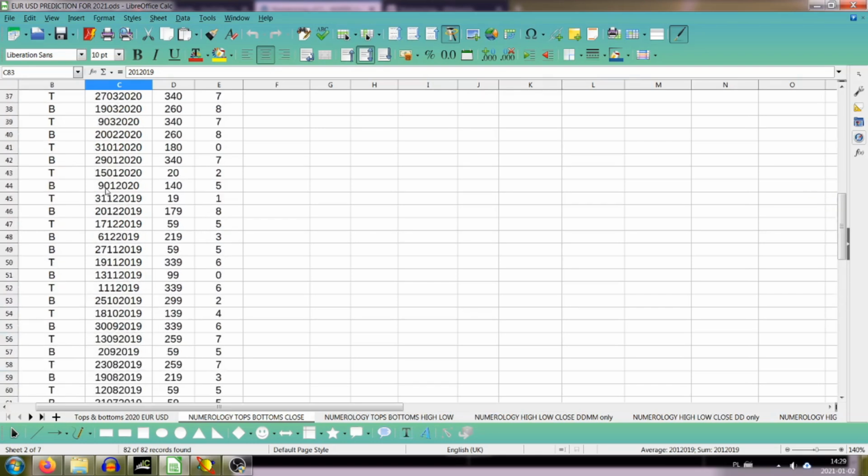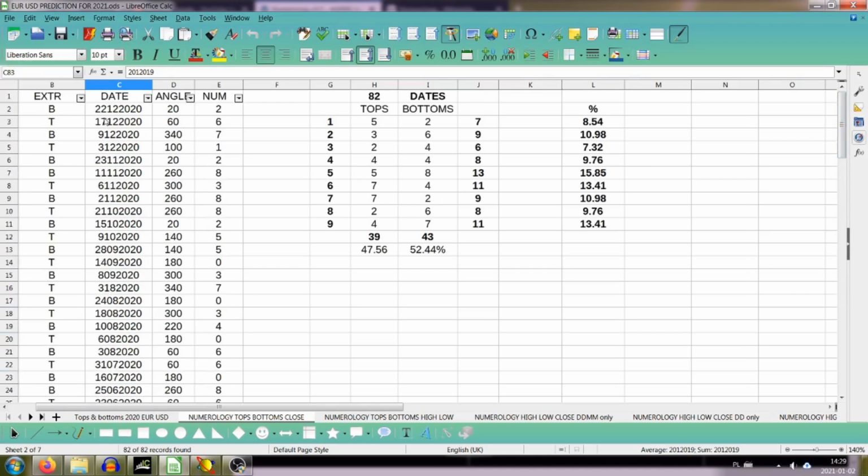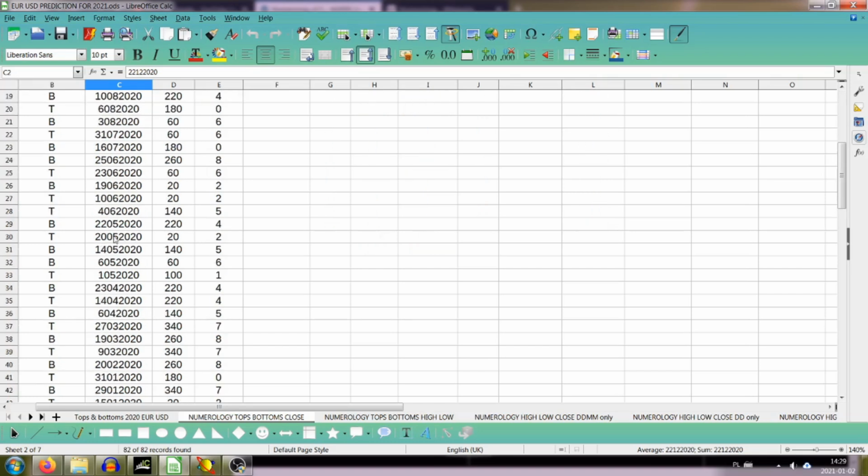And here we are at the end of 2020, which is shown 22nd of December previous year. So in this way, I've got only 2 years here, and it's more detailed tops and bottoms, the minor one as well, which means that maybe a swing of 2-3 days also has been marked here.